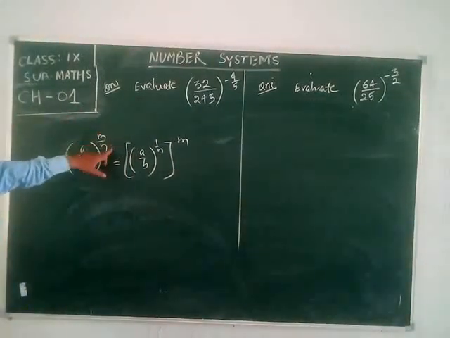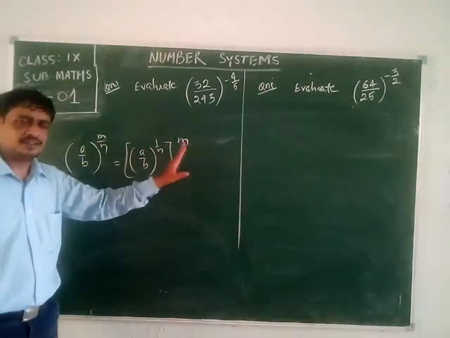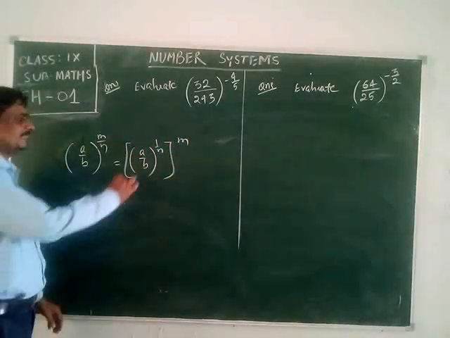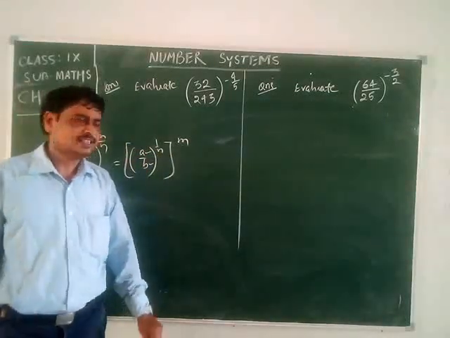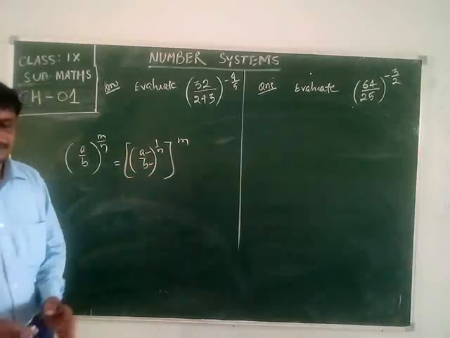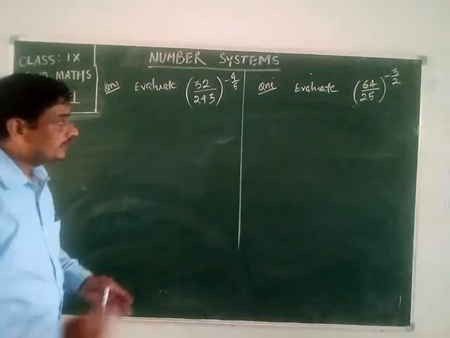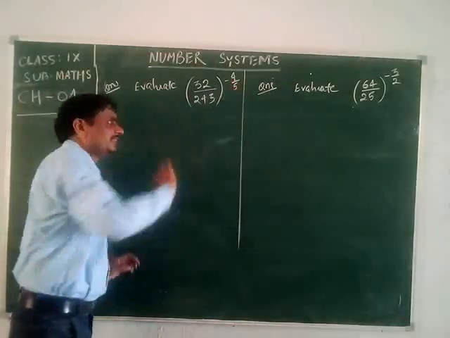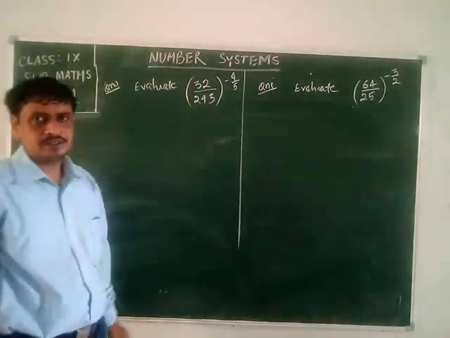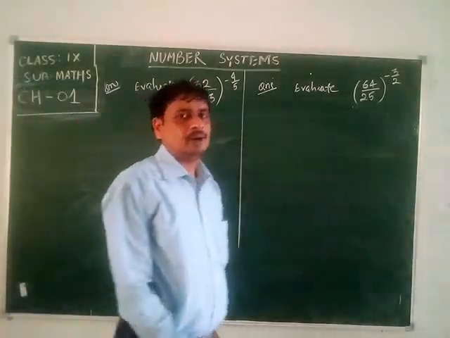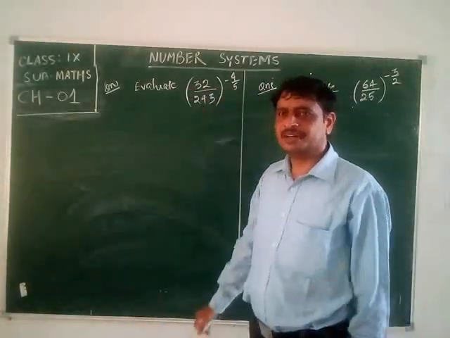We can express this m by n as 1 by n into m. Now we have to express both this a and b with the power n. Here in place of n it is mentioned 5. In this case we have to express this 32 as the power 5 of any natural number.